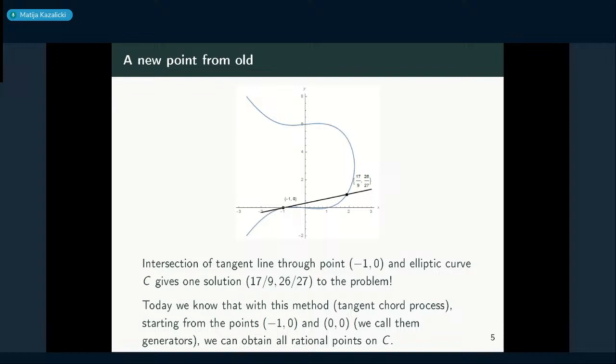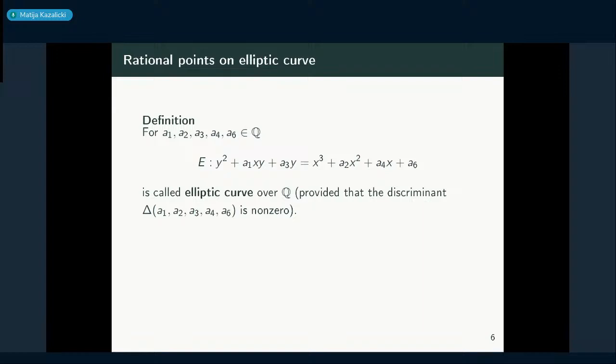if you use this method starting from these obvious points (-1, 0) and (0, 0), you can obtain all the rational points on this curve. In general, we can define a curve of the previous form in the following way. This is called an elliptic curve, and these coefficients, in our case a1 to a6, are going to be rational numbers.